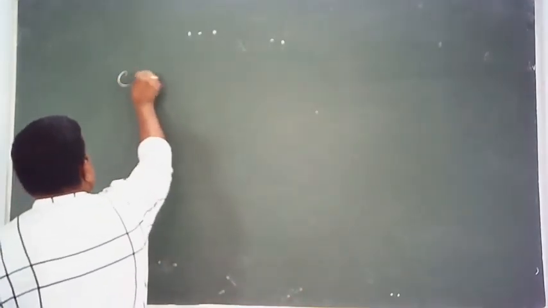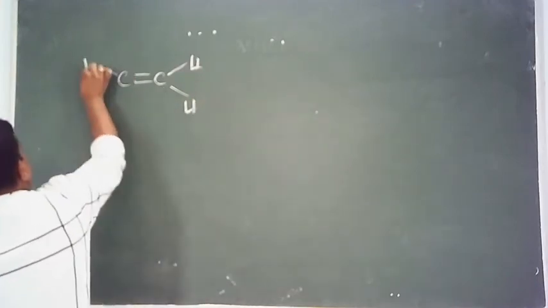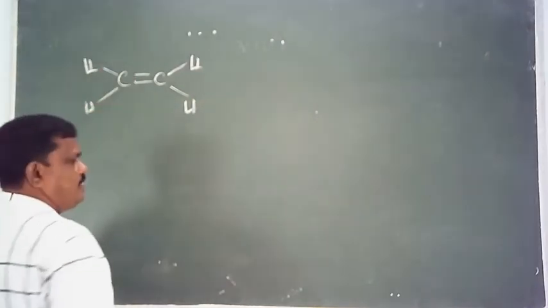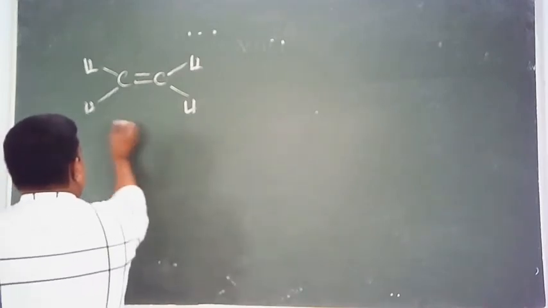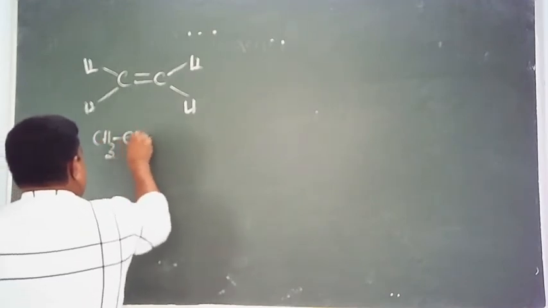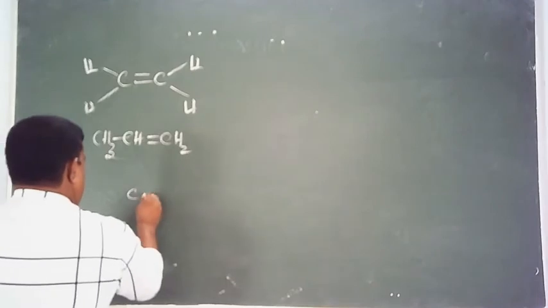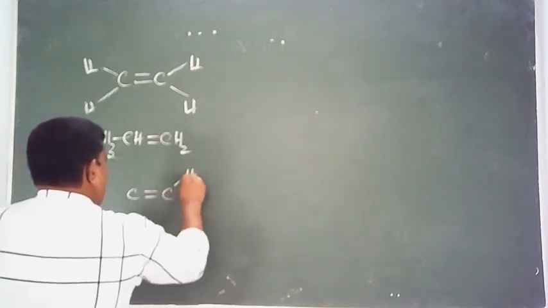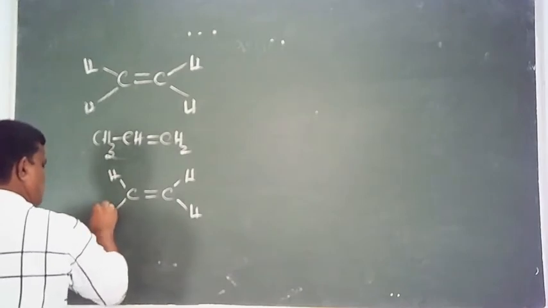Here C double bond C with H and H, H and H. This is our ethene. Let me give one more example, CH3CH=CH2, propene. It can be written as CH2 with H and CH3.